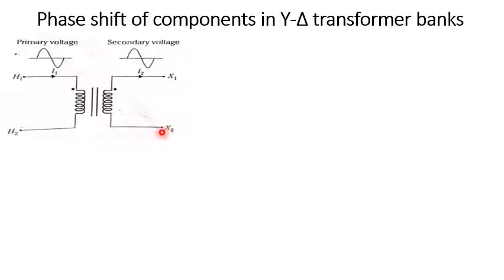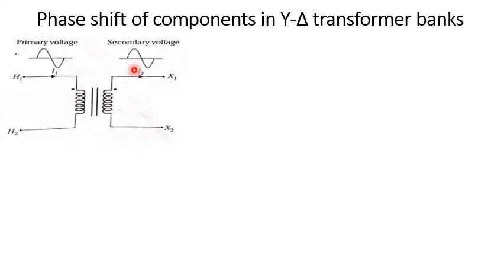So the dot is placed at the terminals having the same polarity. In opposite polarity, the dot will be on the other side. That is nothing but the direction of current I2 is reversed while the direction of I1 remains the same. In that case we can see that I2 will be 180 degrees out of phase with respect to I1, or it may be in phase with I1 if there is no phase shift.